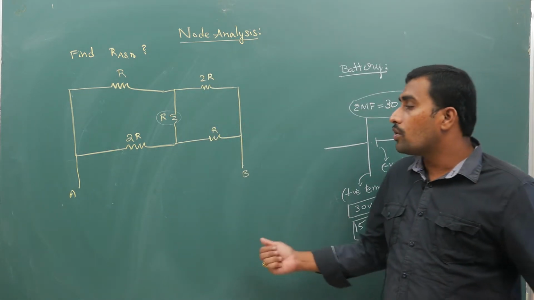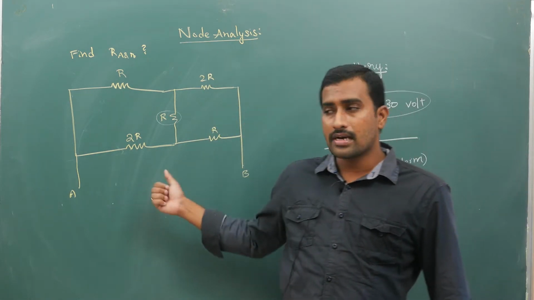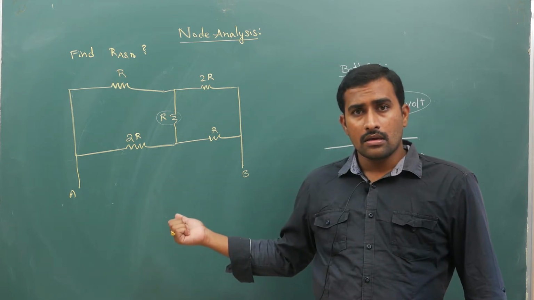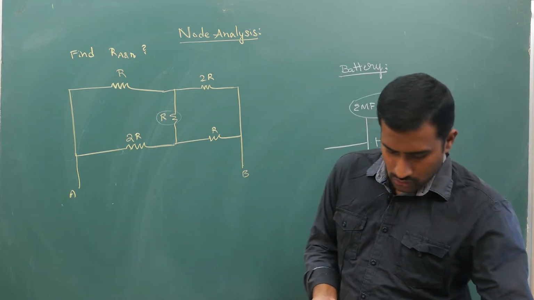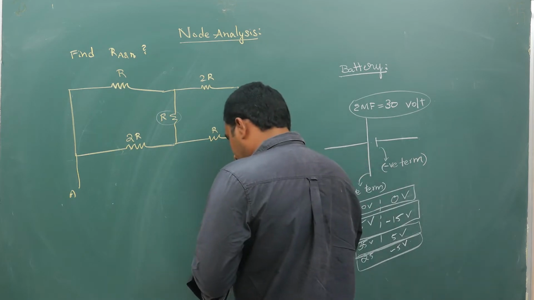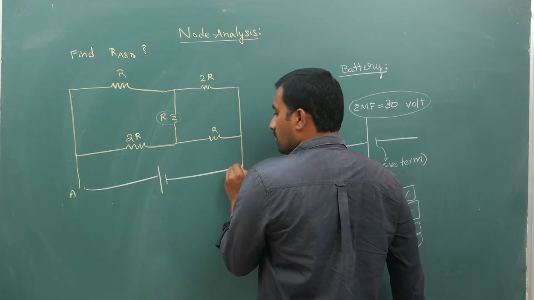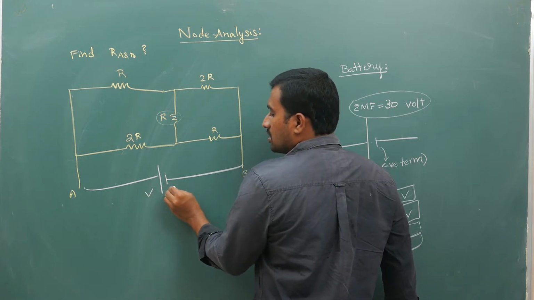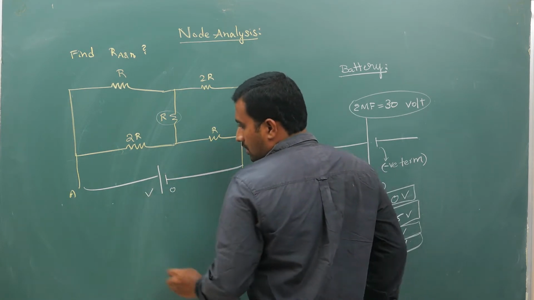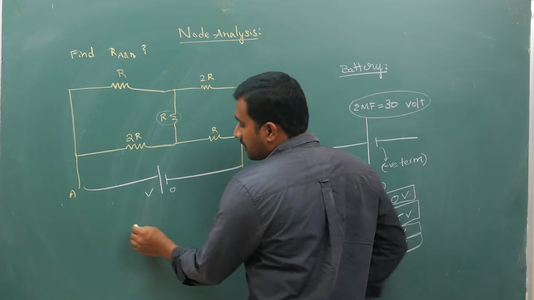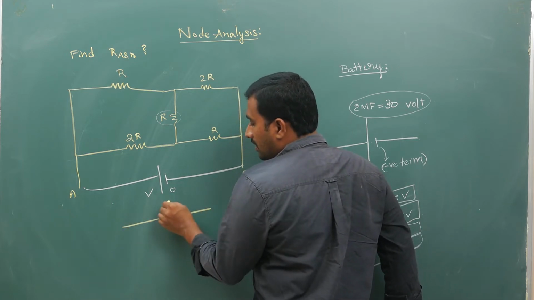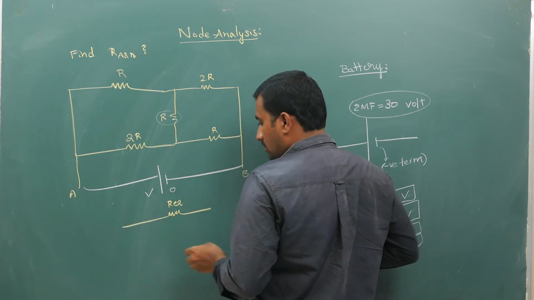Now why did I discuss this? I am going to connect a battery of V and 0 volt like this, where R equivalent is the equivalent resistance of this circuit.